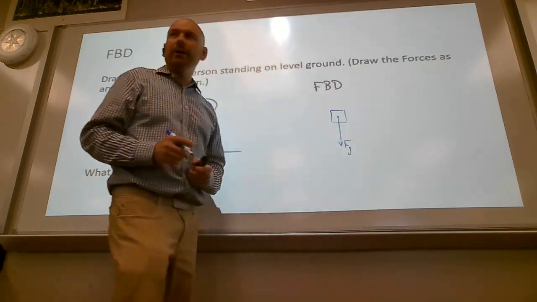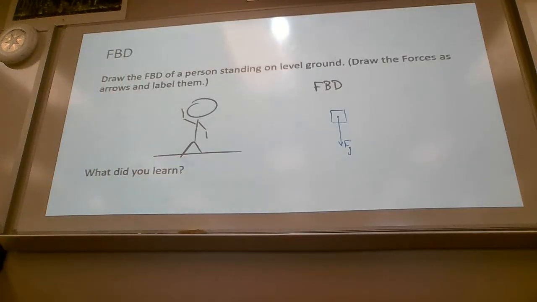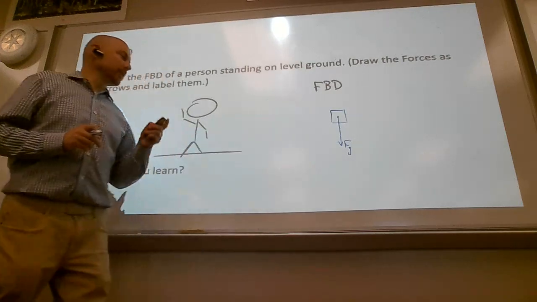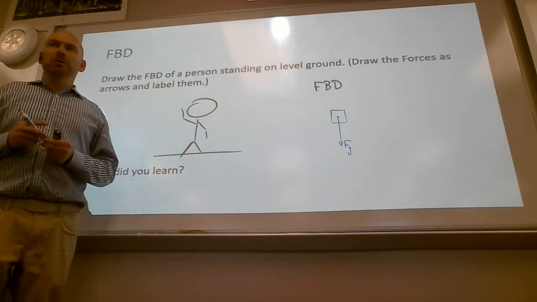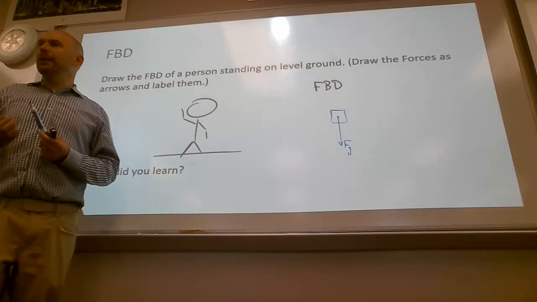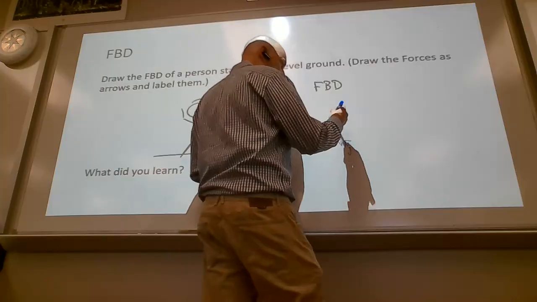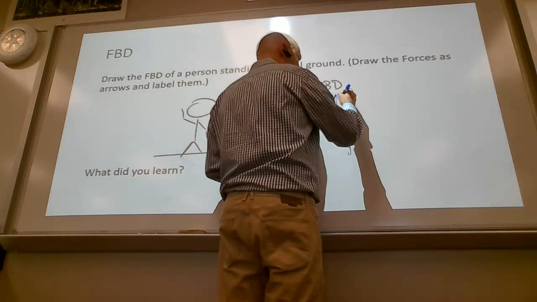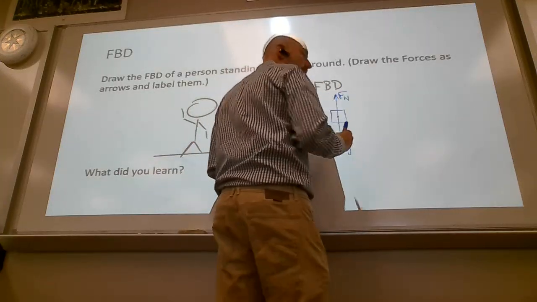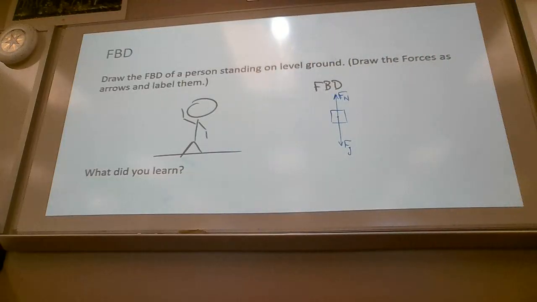On or near the surface of the earth, just force of gravity, like this. Are you in free fall right now? No. What is preventing you from being in free fall? The ground, which is exerting what type of force? Normal force, perpendicular to the surface. That would be the free body diagram. And force is measured in newtons. Correct. So that's a free body diagram.